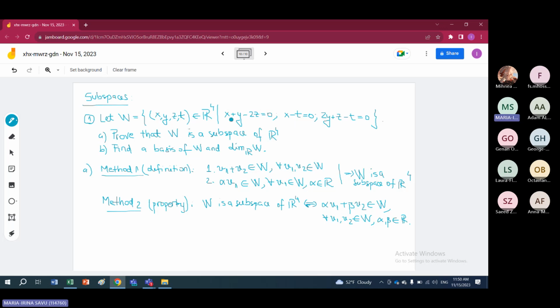Checking these conditions will take you a lot of time, and there is the risk of making some mistakes in your computations. So my advice is to first solve this system and then to write a more specific form for W. And after that, choose a method and try to prove that W is a subspace. But first of all, try to rewrite.